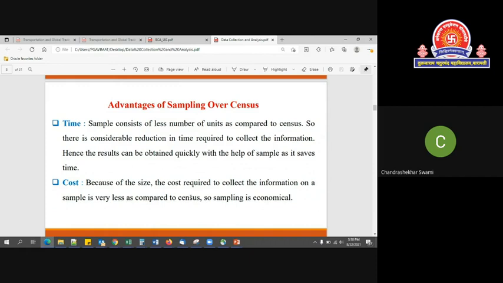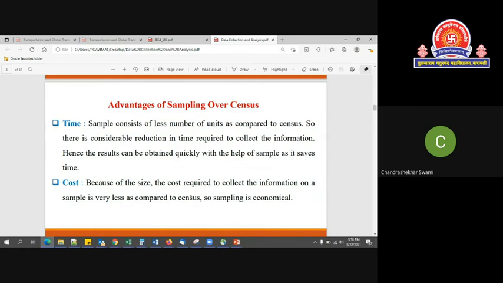In this case we cannot use the census method. We cannot test each and every drop of blood of any person. So in this case we have to use what? Sampling method. Okay, so what is the advantage of sampling over the census?